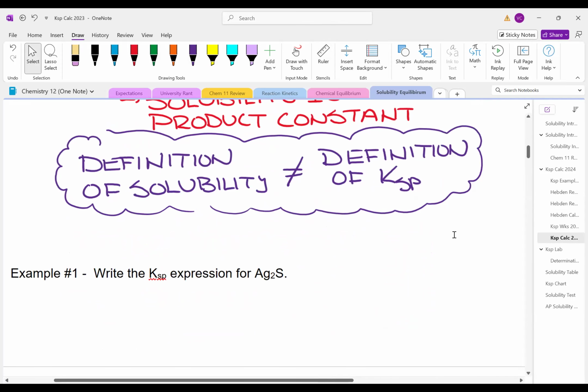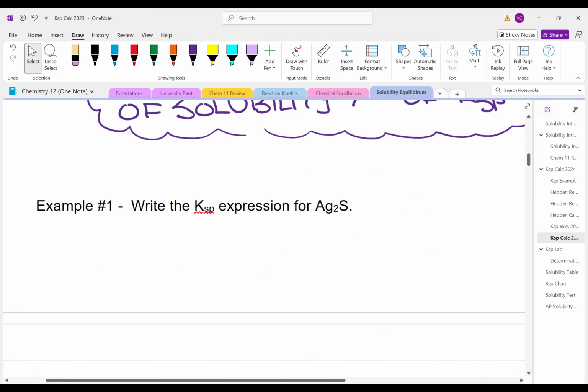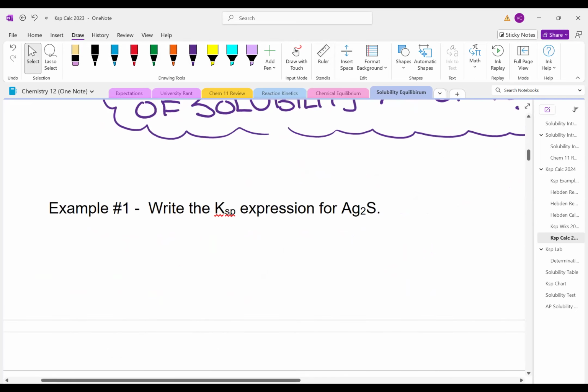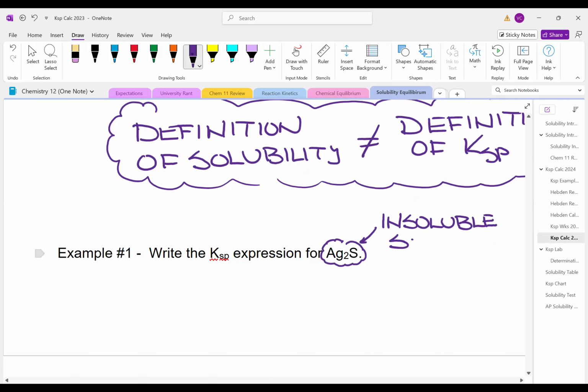For example one, write the KSP expression for Ag2S. The first thing you need to recognize is that this is an insoluble solid.